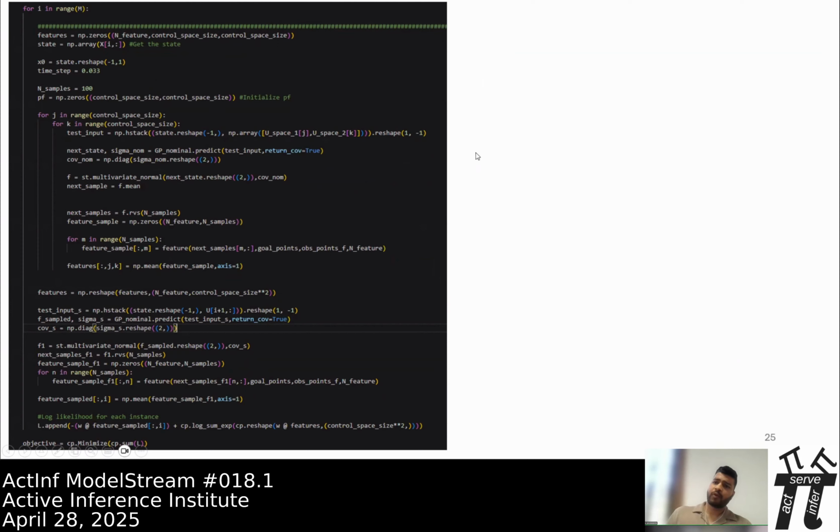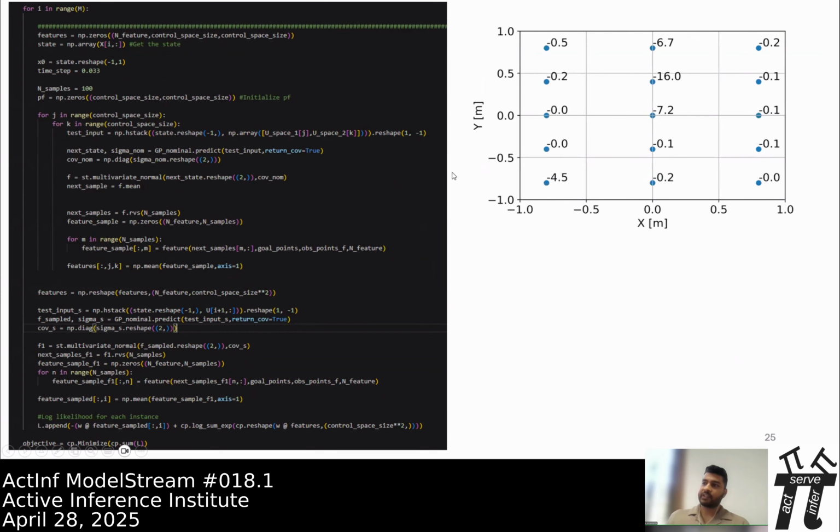For this particular problem, we get this set of weights, and you can see that where there were obstacles in the center of the grid, you have very high weights, while all the other weights are near zero or very low compared to the real obstacles.